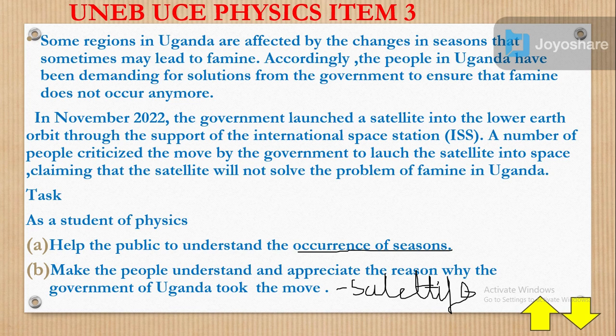However, the news about the satellite is that when they put it in space, it is NASA which is concerned about putting up those satellites there. NASA is a body located in the USA, but it didn't really work out the way Uganda expected. Some things were a bit lacking, and it was launched, but it had not started its work very well.